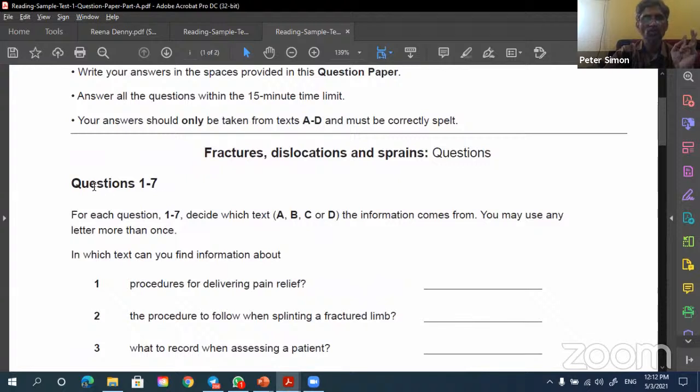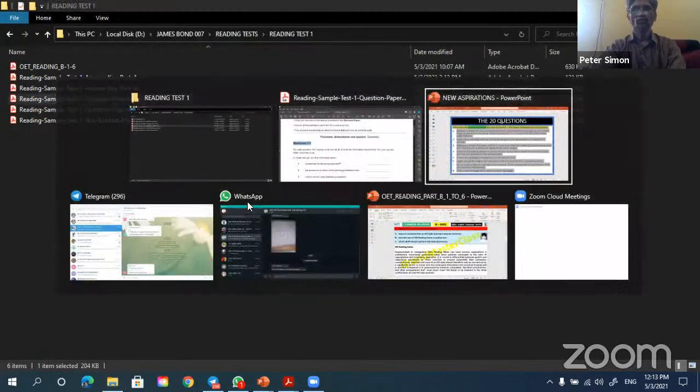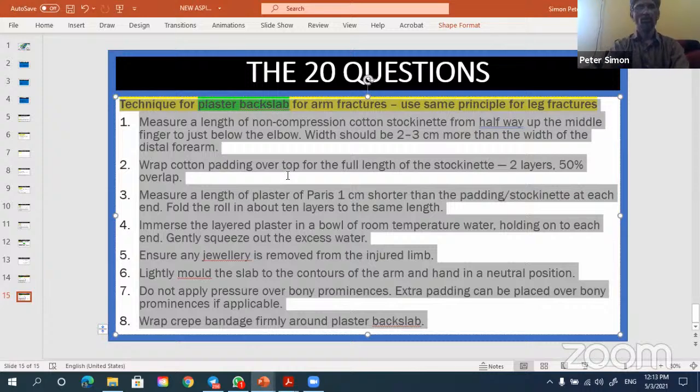The first one is question 1 to 7, the first group. So there are three parts: set one, set two, set three. Three sets of questions are there. You should know all these things, first of all what they are. Just answering is not sufficient.